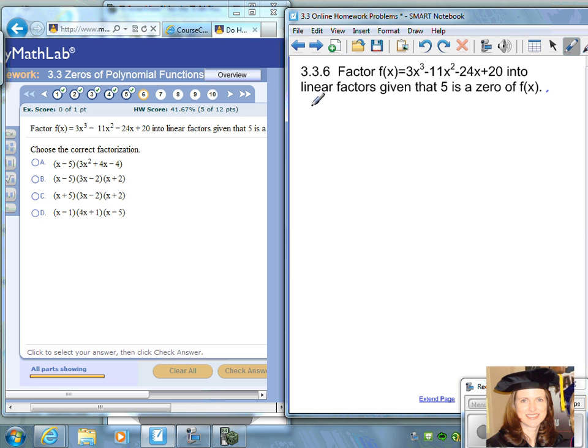Now, if 5 is a 0, this means that x minus 5 is a factor. That is key. That's a very, very important property of the synthetic division. If you know a 0, that corresponds with a factor.